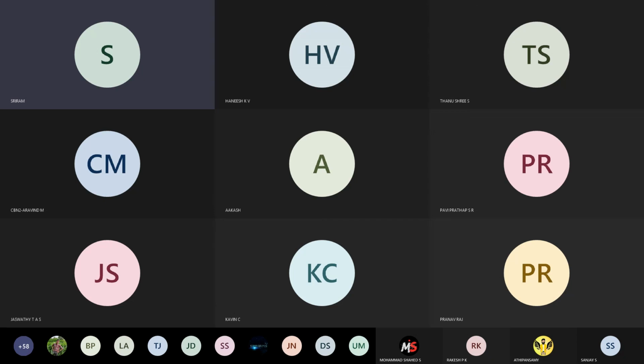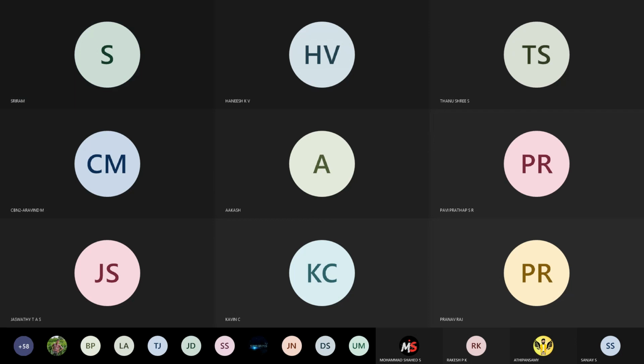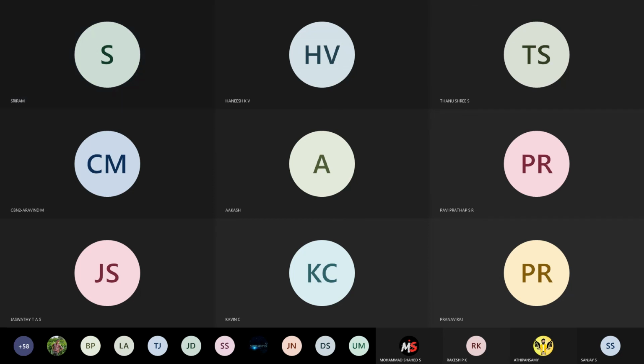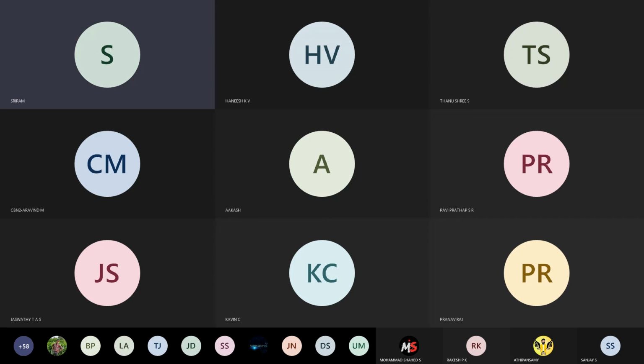Means what can you write? 25 into pi by 180 radians. So here what can you do? 5 fives are 25, 5 sixes are 30, so 5 pi by 36 radians. Okay, once you can copy this one.